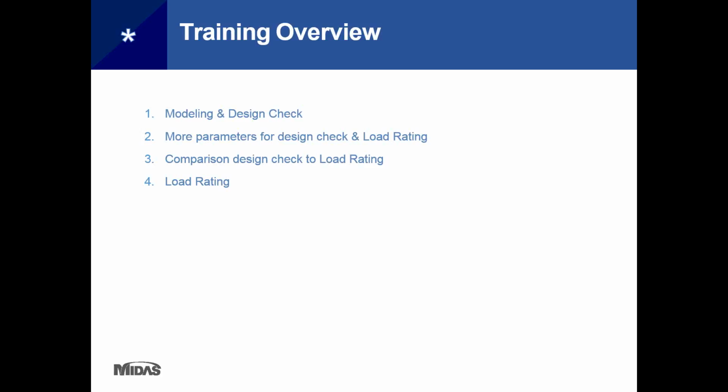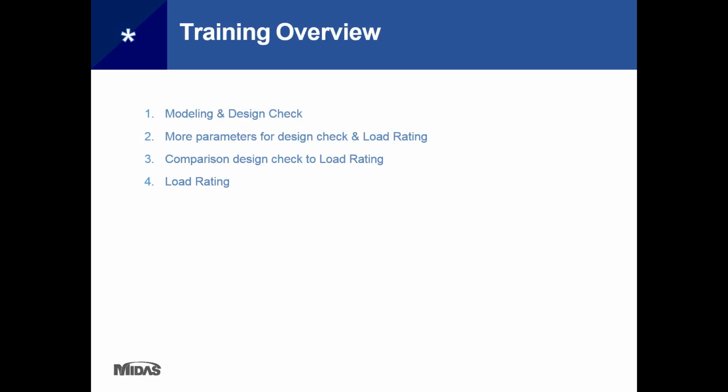From there, when we are doing the design check, based on those top flange and web thickness, you're going to get the moment of inertia and section modulus. Those things are already ready for design check. So that's why I'm going to talk about the modeling information and how the modeling information influences design check.